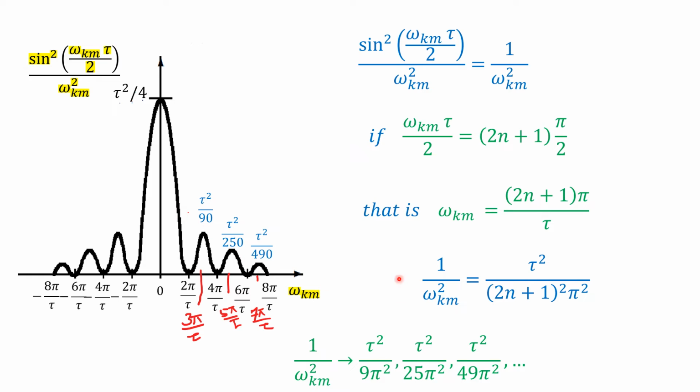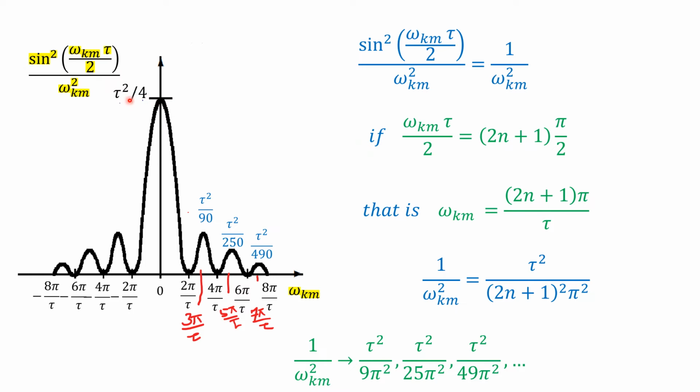Then when n is equal to 2, 2 into 2, 4, plus 1, 5. 5 squared is 25, so this will be roughly tau squared over 250. Then when n is equal to 3, 2 into 3, 6, plus 1, 7. 7 squared is 49, so this will be tau squared by 490.